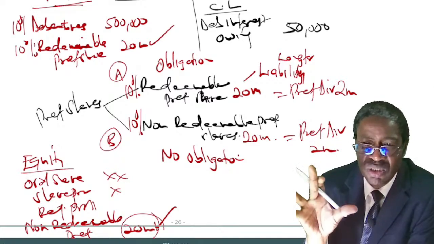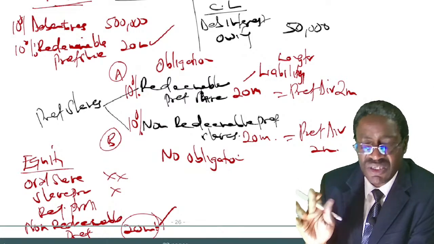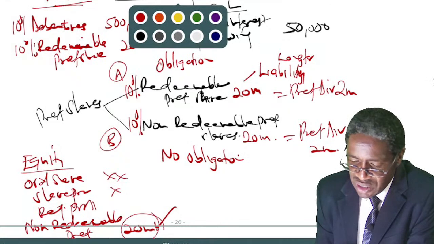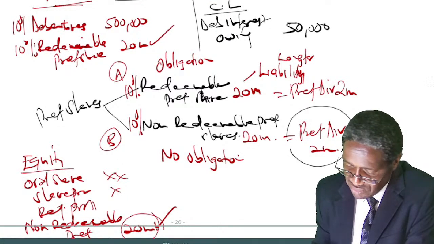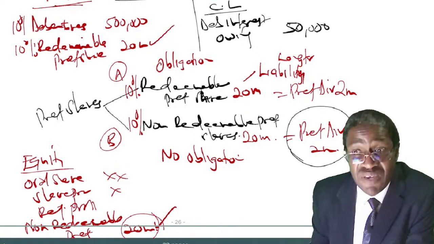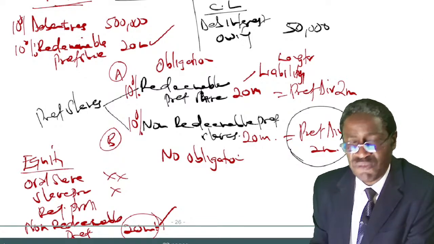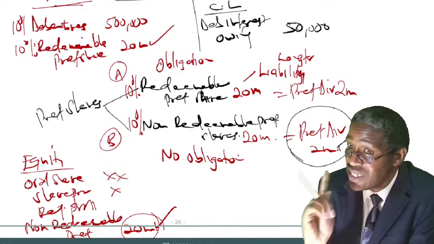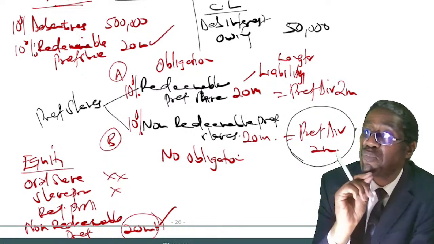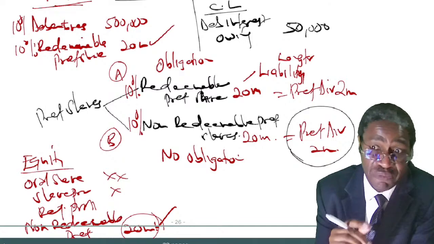That section of the income statement, that's where you used to take this second one. The preference dividends on non-redeemable preference share, their dividend is an appropriation of profits.